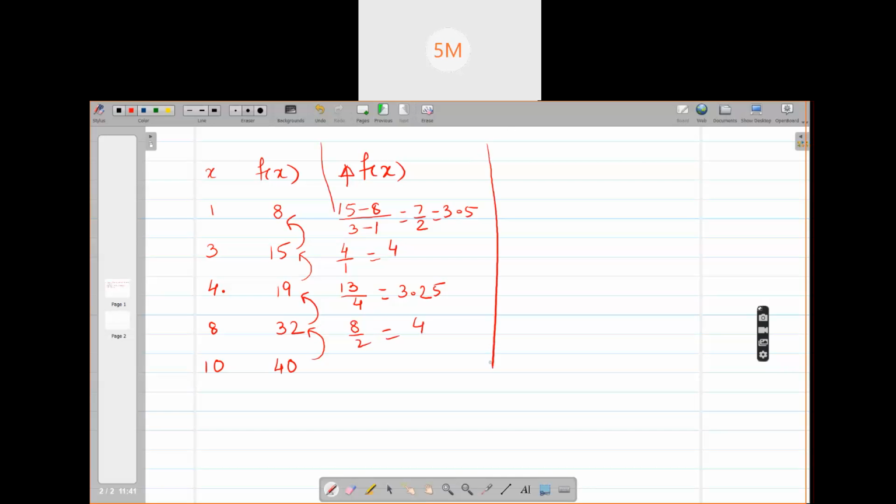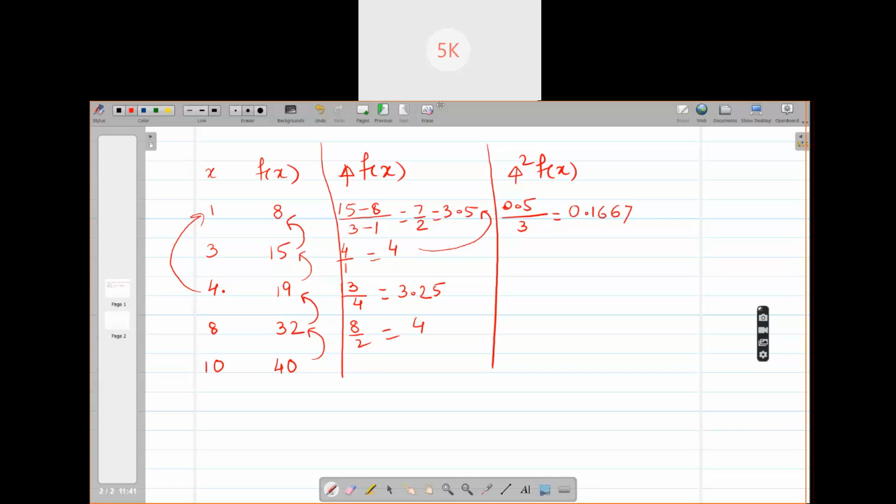The next table, delta square fx. So 4 minus 3.5 is 0.5, divided by 4 minus 1, that is 3. What is the answer? 0.1667.